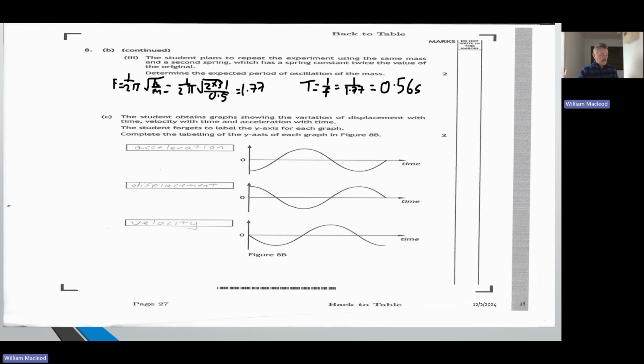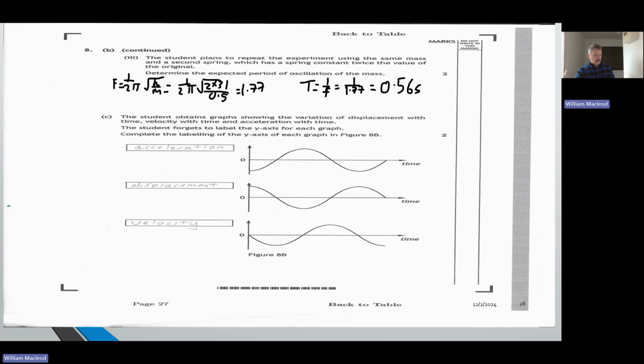Right, the next question there is, you've got 3 different graphs there. It says the student obtained graphs showing the variation of displacement with time, velocity, and acceleration. The student forgets to label the y-axis for each graph, complete the labeling of the y-axis for each graph. So remember that the acceleration would be 0 when the displacement is 0, isn't it?